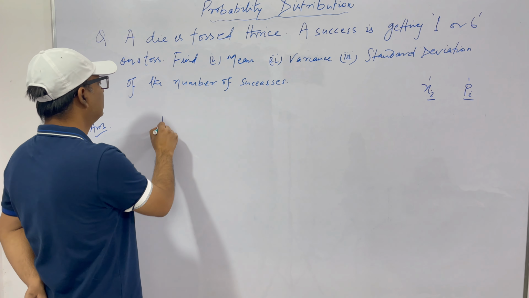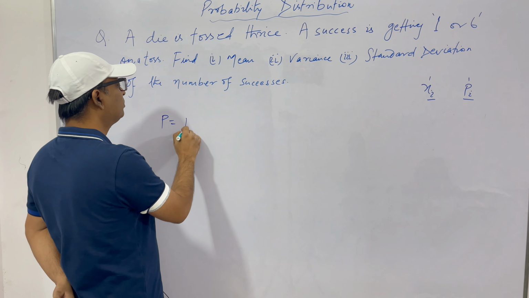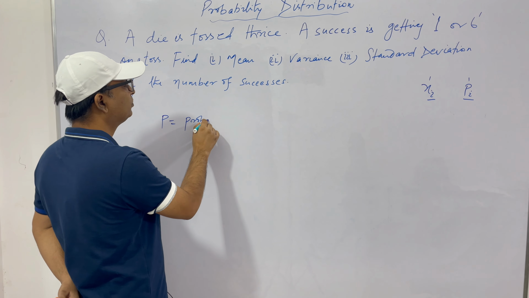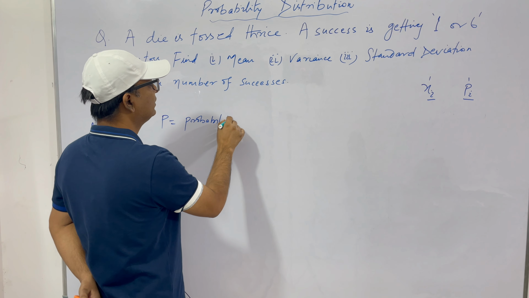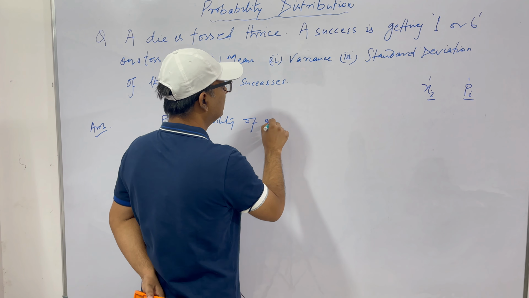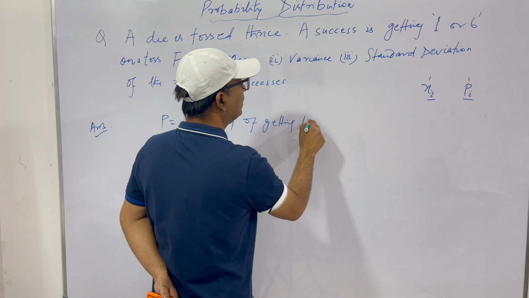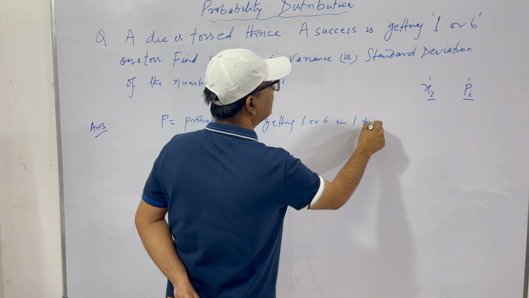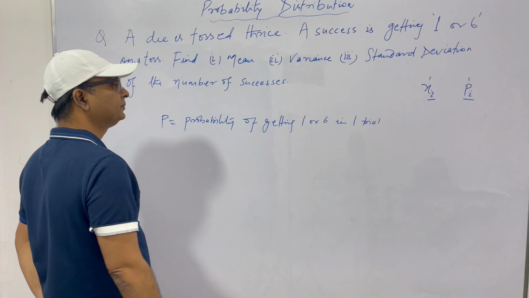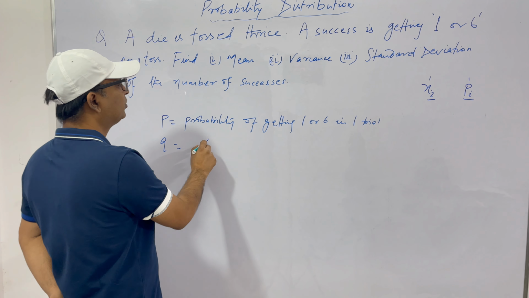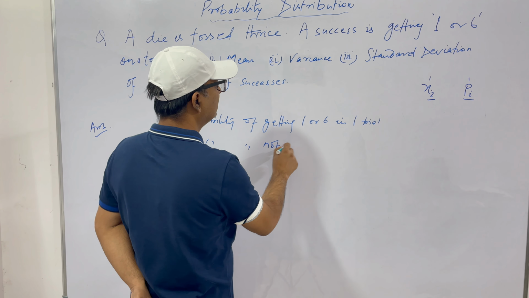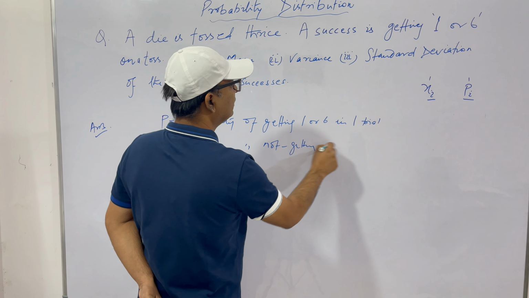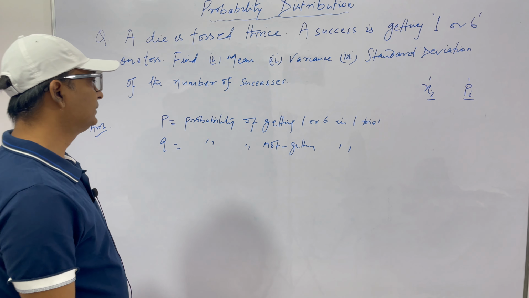Let's say, as I said, p is the probability of getting 1 or 6 in one trial. Clear? Then q is the probability of not getting 1 or 6 in one trial.